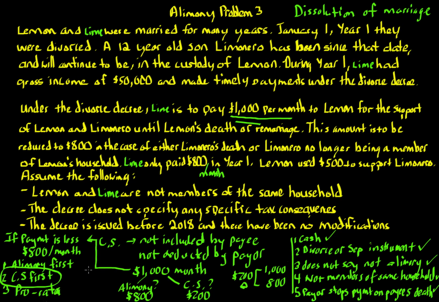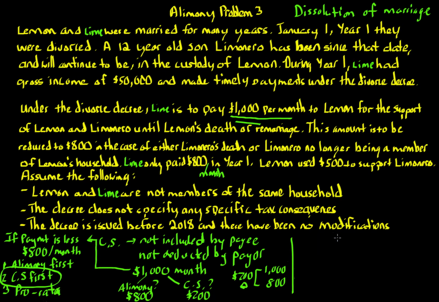Let me write that out in a graphic point of view, like we've been doing with our little breakdown, and also give you the ultimate tax consequences for this transaction. Again, Lime is only paying $800 per month, not $1,000. So the question becomes, what portion is child support and what's alimony?